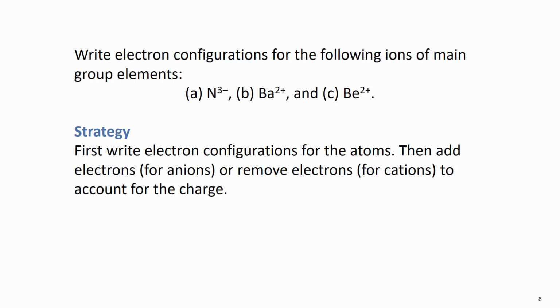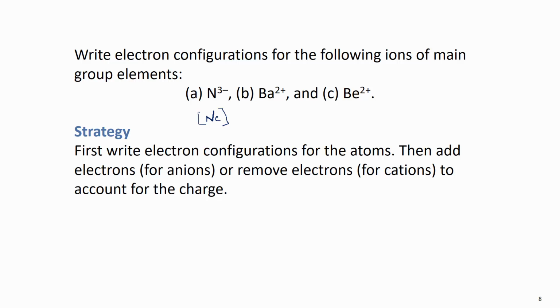All right, welcome back. So right off the bat, you should go, oh, neon. Neon's in period 2. It's in group 15. What's to gain 3 electrons, become like the noble gas neon. And so that's what this is. Nitrogen becomes neon. Nitrogen is going to have the same electron configuration as neon.